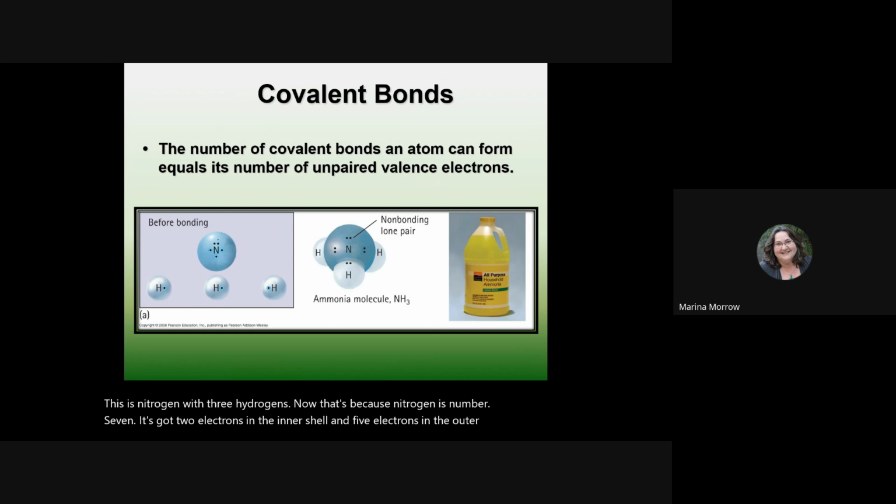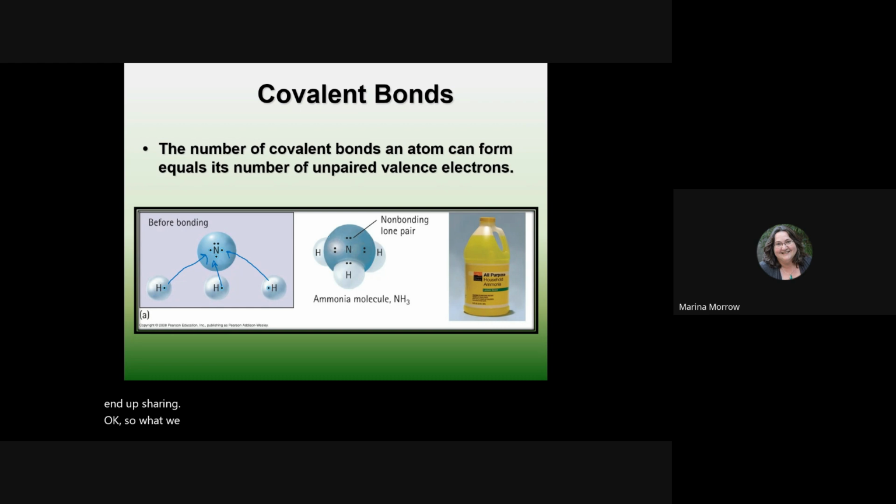Thing is, it needs 8, so it needs 1 electron from each of these hydrogens. But again, it will usually end up sharing. So what we end up with is all of these atoms now thinking that they have a filled shell, and the electrons do double duty around the 2 atoms.